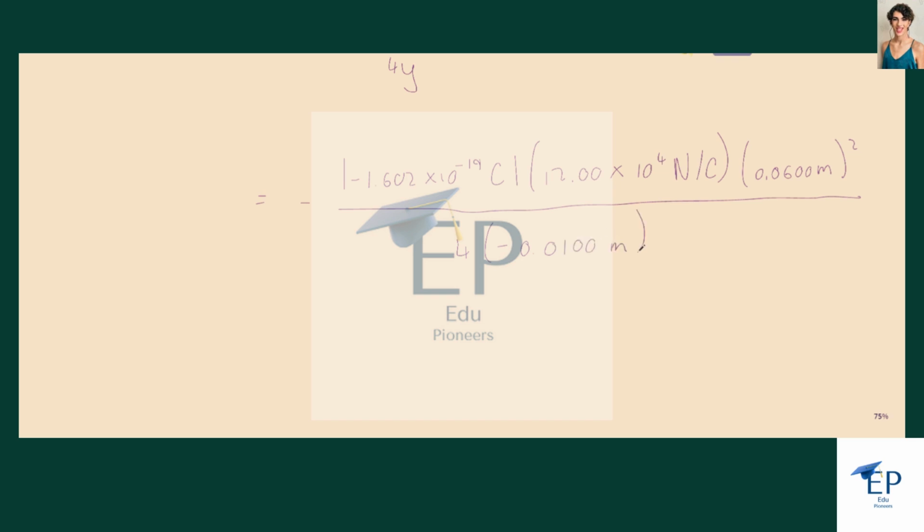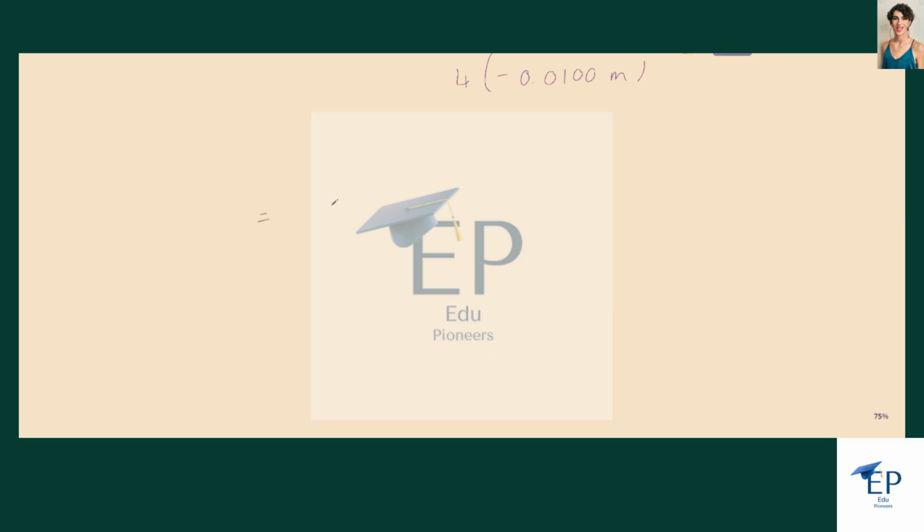This gives us a kinetic energy of the electron of 1.73 times 10 to the minus 15 joules.